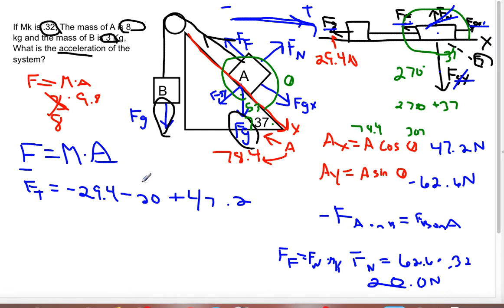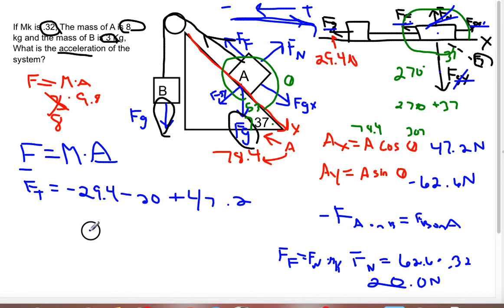And actually, this equation is going to be going this way, because as written, I will have a negative force, so we're going to be going this way.